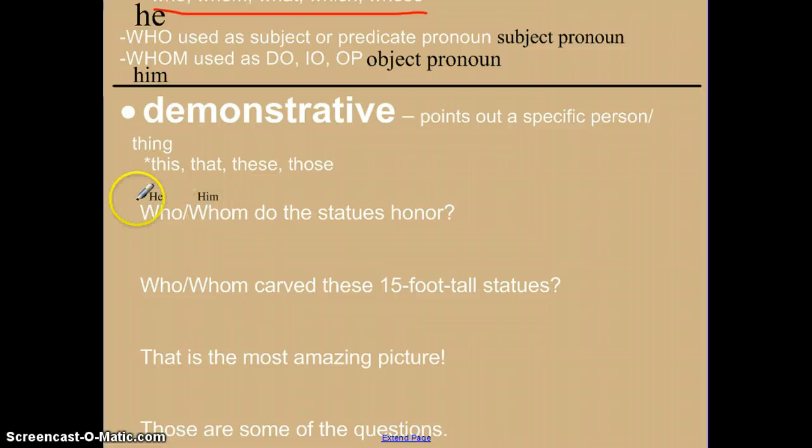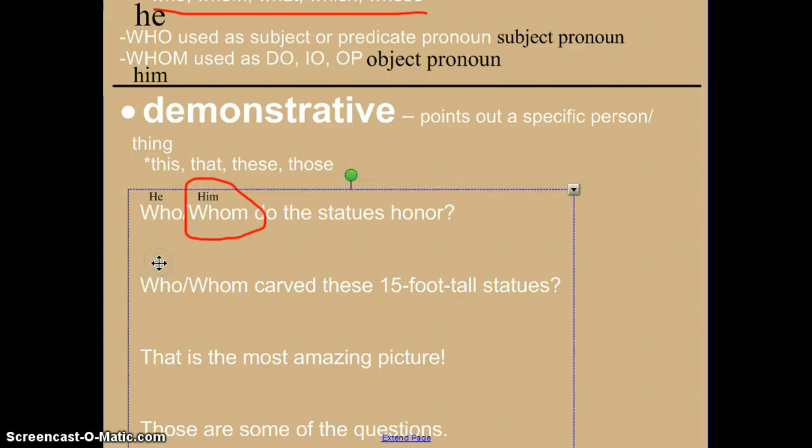And we can tell very clearly that it has to be him, so whom is the correct answer. We will get into a little bit later what job it is doing in a sentence. I don't usually accept "because it sounds better" or "because it sounds right" as an answer, but in this case, we just want to get used to the strategy and not spend so much time worrying about that yet.